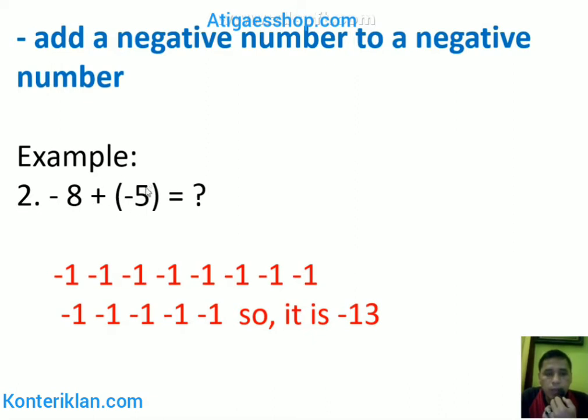For negative 5, put negative 1 five times: 1, 2, 3, 4, 5. So negative 8 plus negative 5 equals negative 13. Why? You can count all: 1, 2, 3, 4, 5, 6, 7, 8, 9, 10, 11, 12, 13. So negative 8 plus negative 5 equals negative 13.